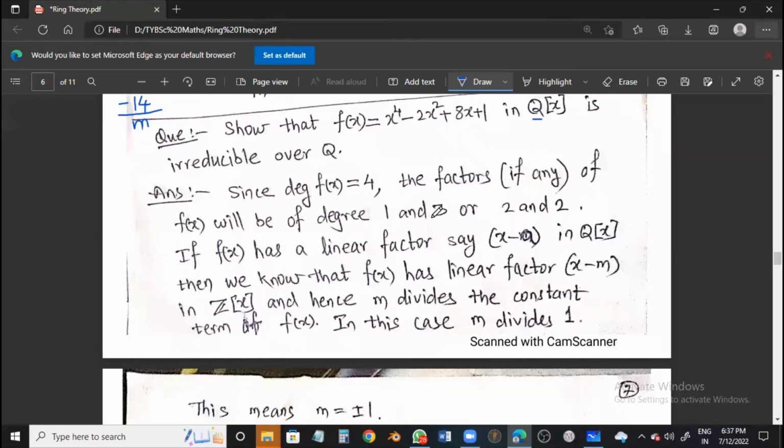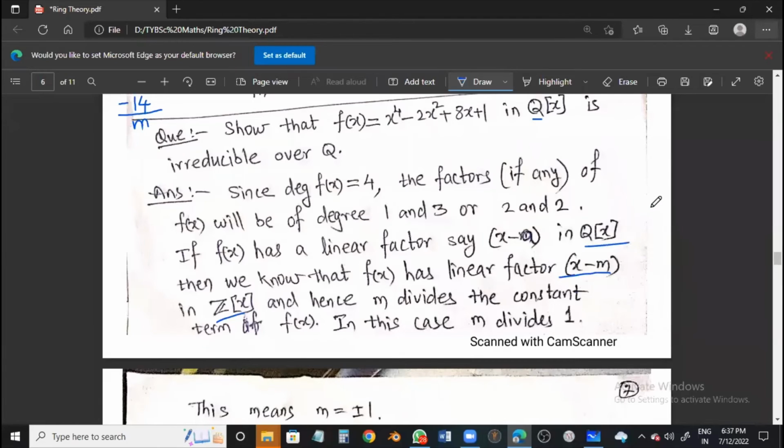Suppose we deal with the first case. f of x has a linear factor, say x minus a. Then what will happen? x minus a is a factor in Q of x. So x minus m will be a factor in Z of x. I hope you agree. What is our theorem?